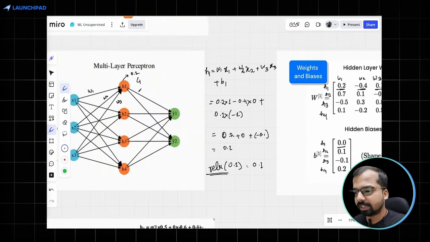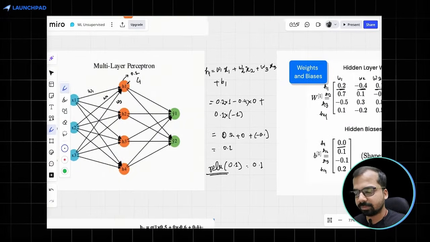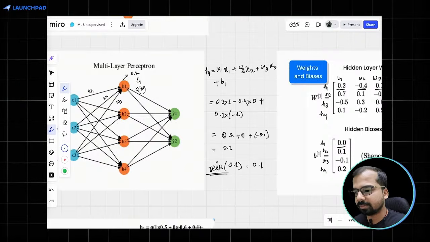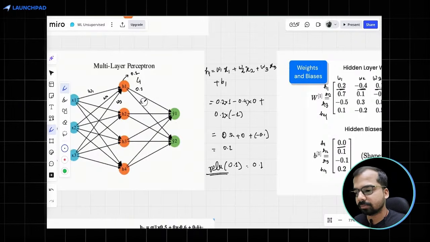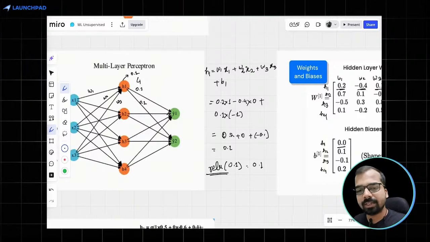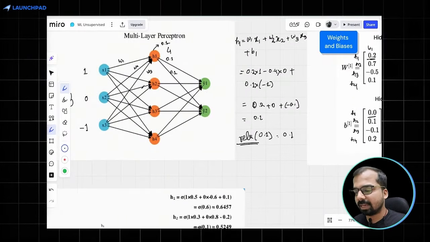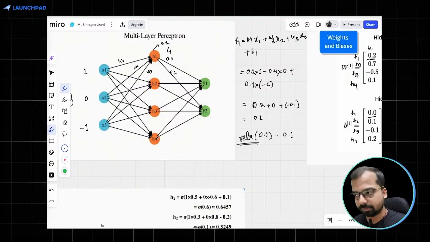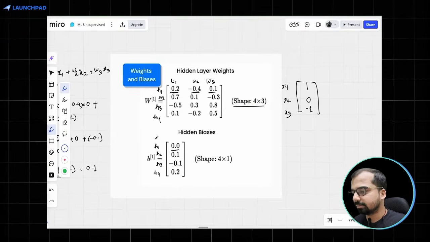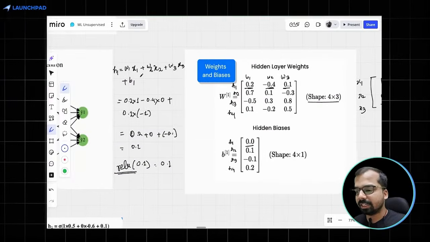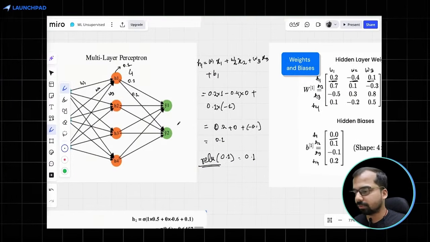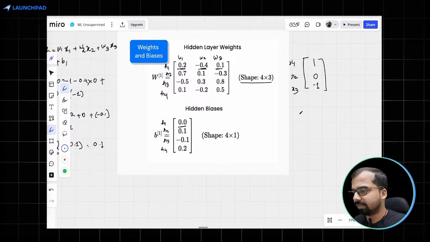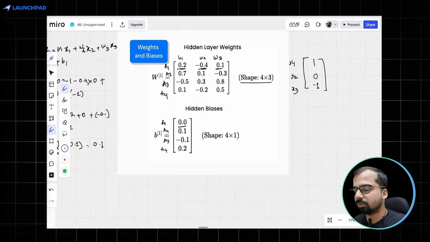So the output from this H1 will be 0.1 here and 0.1 here also, and that will be fed to my next neuron. Same thing will happen for H2, H3 and H4. And the same operation that we did individually for H1, H2, H3, H4 can be mimicked if we call this W1 weight.